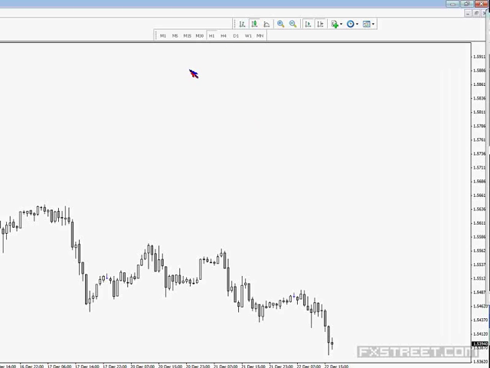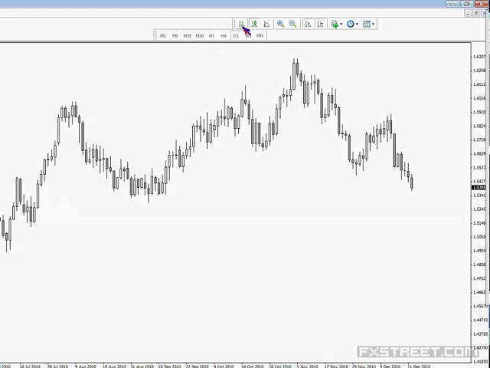All right. So here we are. We've got the daily pound, and we'll look at the 4 hour chart on the daily pound. So what I'll do first is I'll look at drawing my zones based on the daily chart before I drop down to the 4 hour chart.